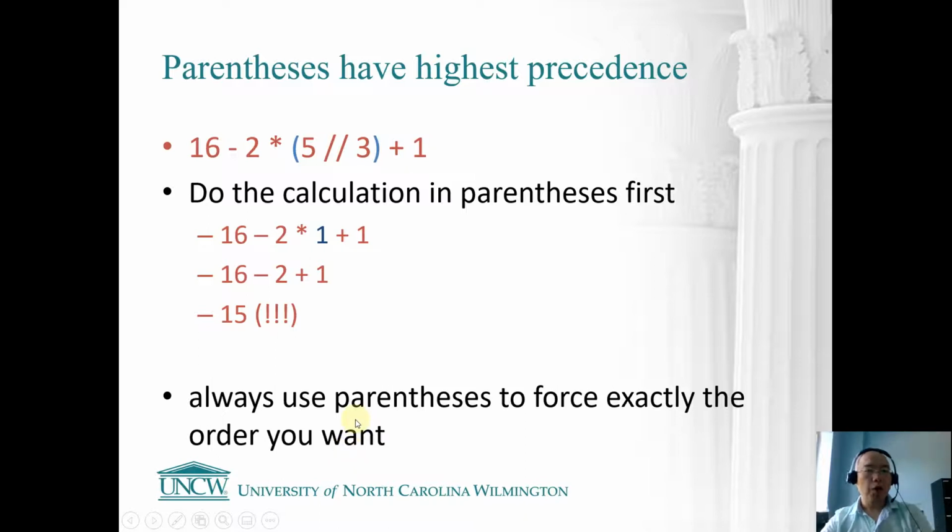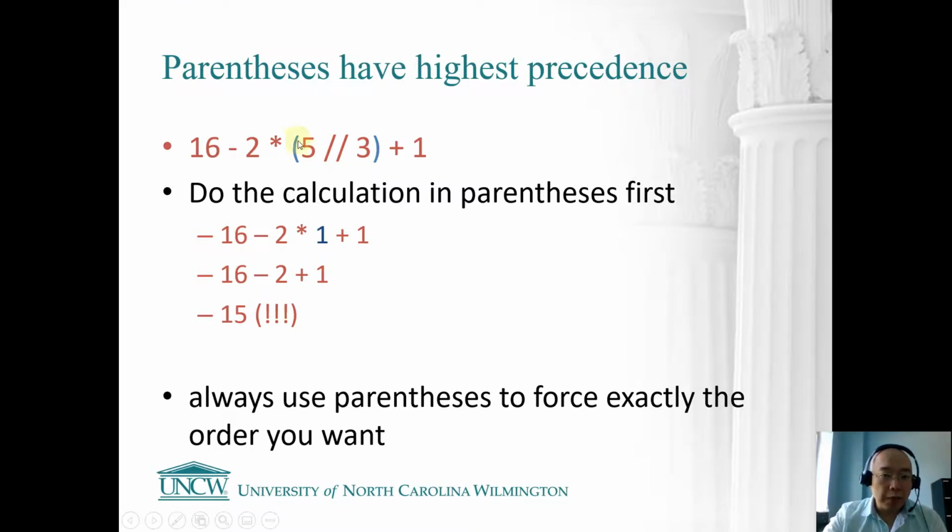Okay, but now how about we add parentheses? Remember, parentheses have the highest precedence. So if we see the parentheses, we want to do 5 floor divided by 3 first, because that part is even higher than multiplication.